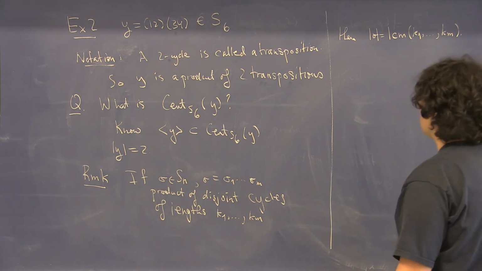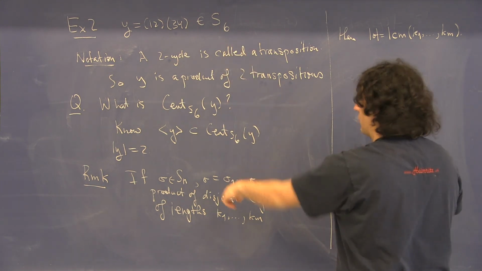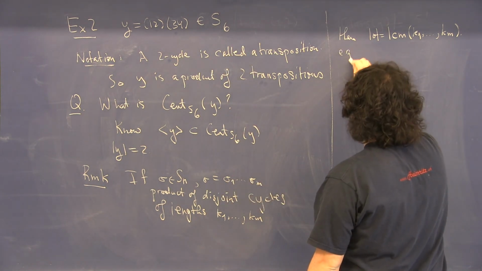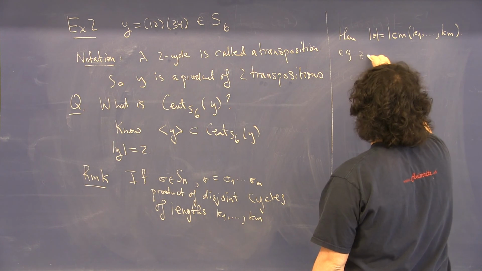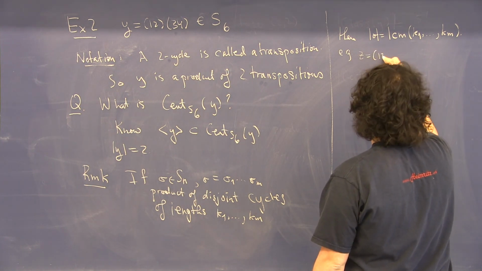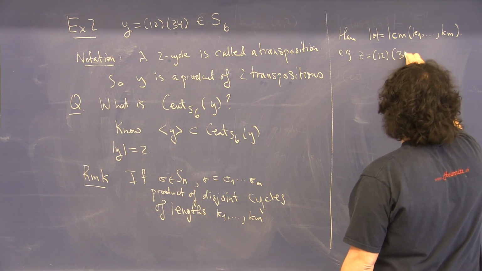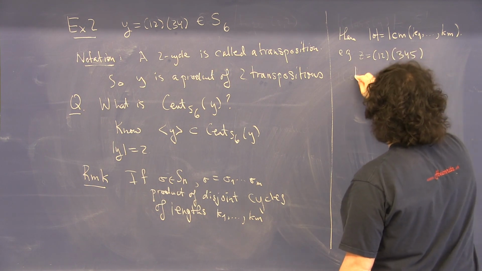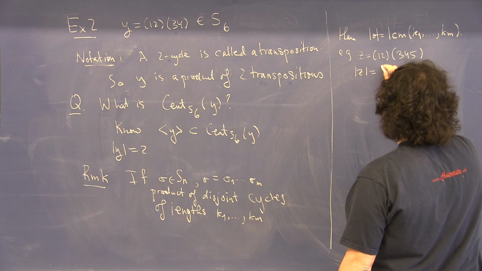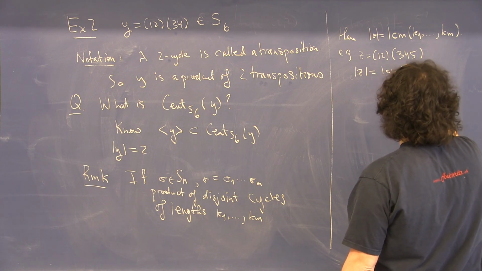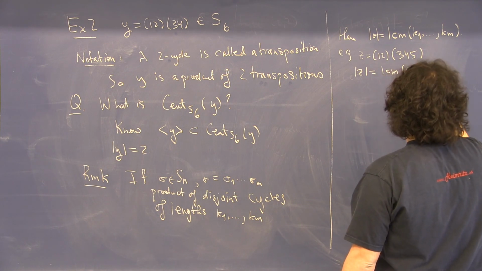So it's a bit of a boring example of this remark, but another example would be to take the element z is (1 2) times (3 4 5). Here, the order of z would be the least common multiple of 2 and 3.